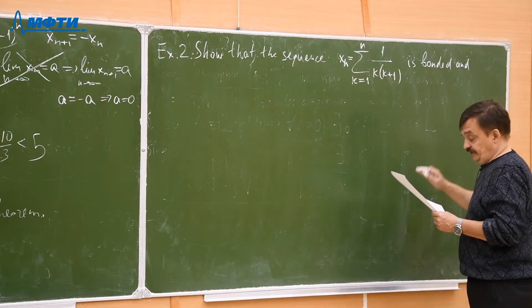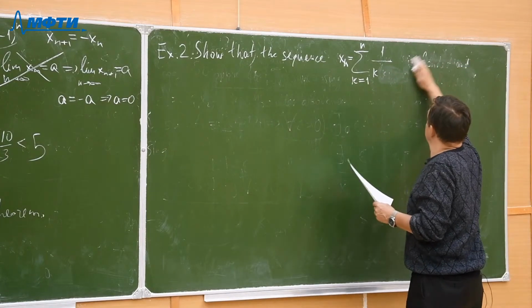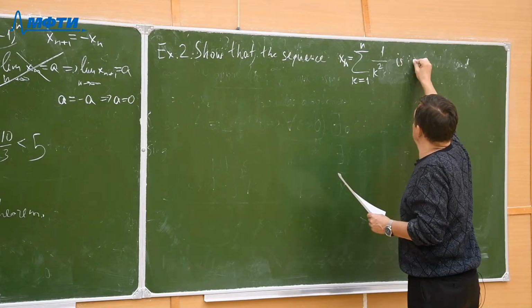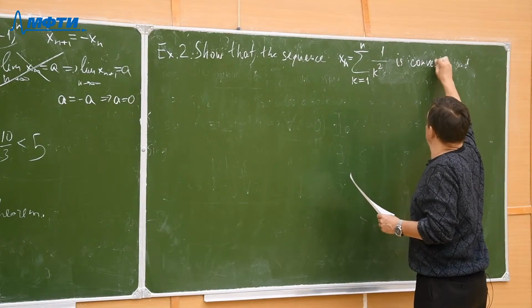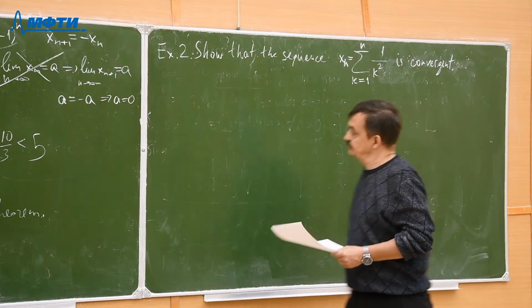I'll modify it slightly: 1 over k squared is convergent. That is more interesting. It's convergent.